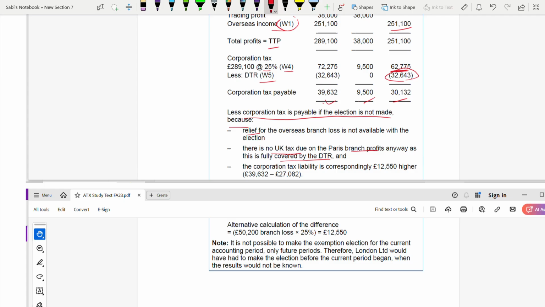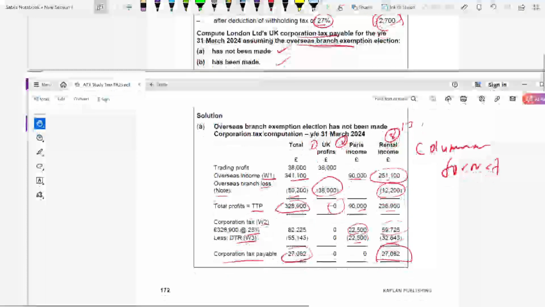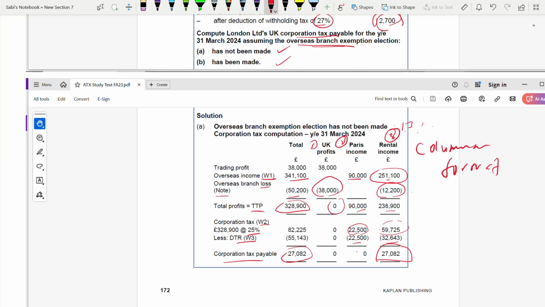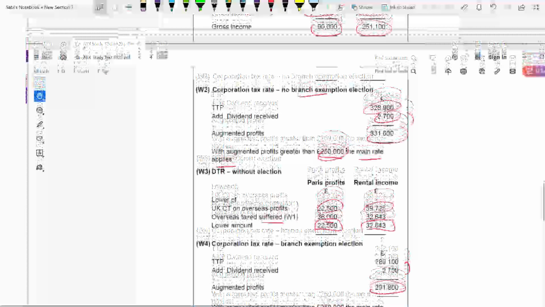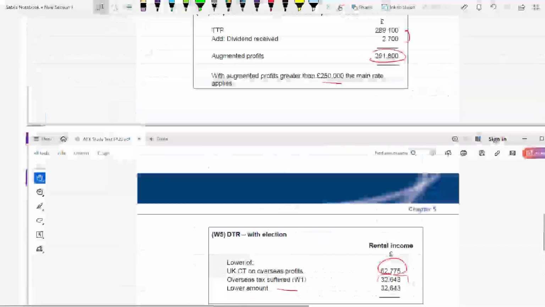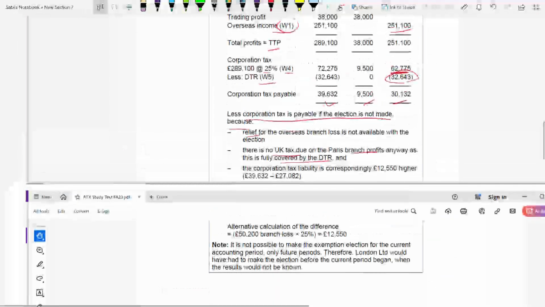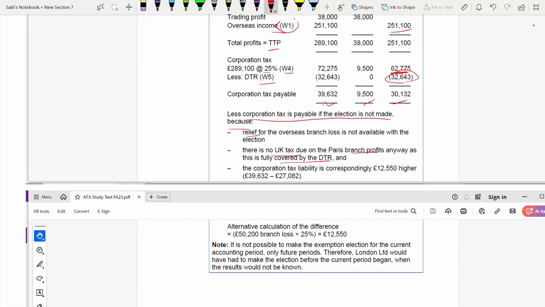You see here in part A, this is anyway 0. Why? Because DTR is also 22,500, corporation tax is also 22,500. So anyway it is 0 through DTR. Next, here if you compare the difference, the corporation tax liability is correspondingly higher.